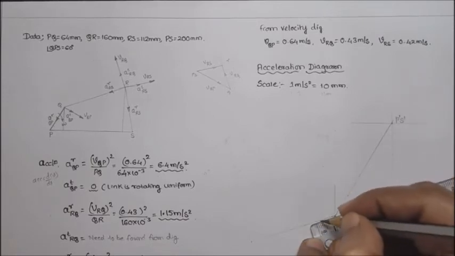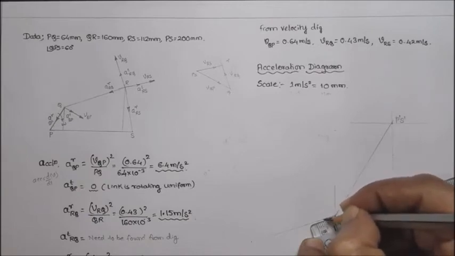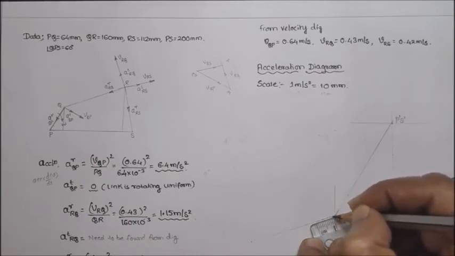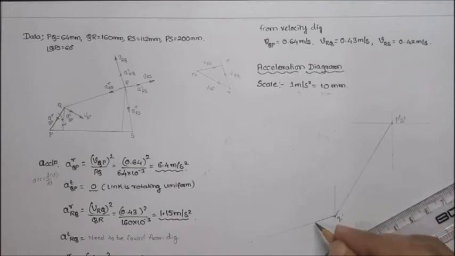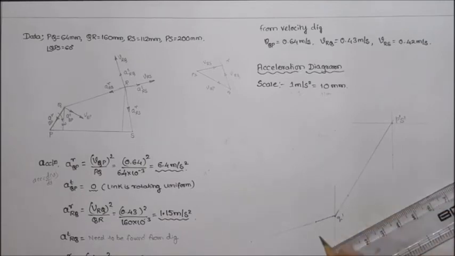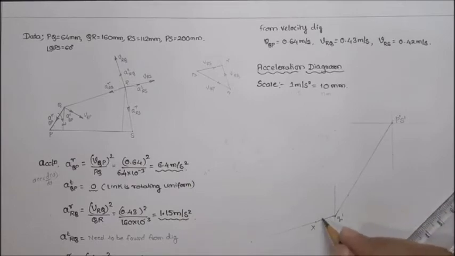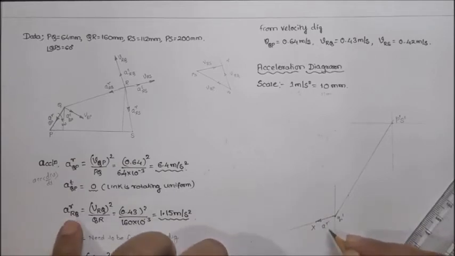But here we'll be drawing dotted lines because these are radial components. We'll label this one as the radial component, and the arrow mark will be till here. It will be the acceleration of radial r with respect to q.